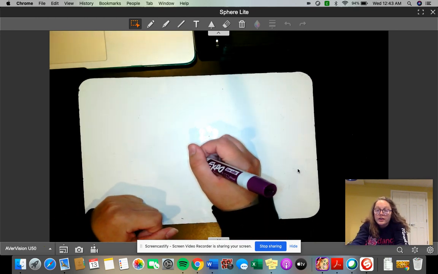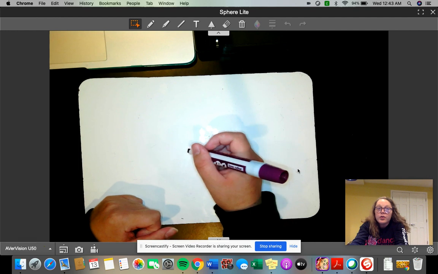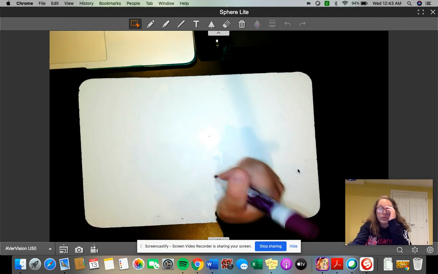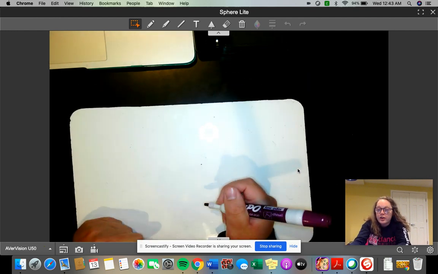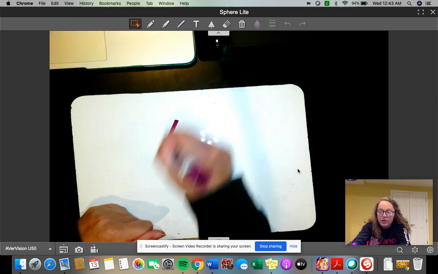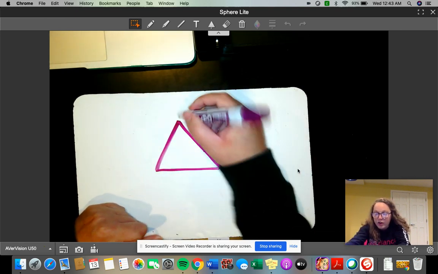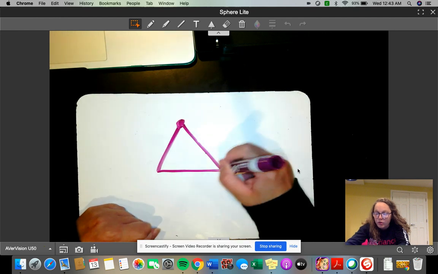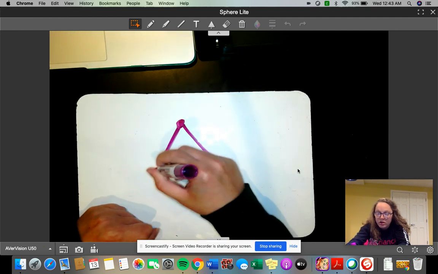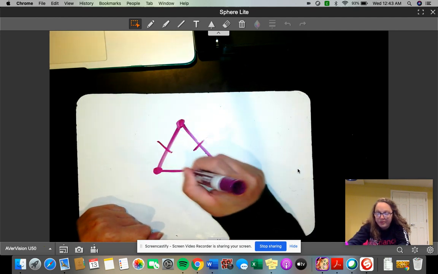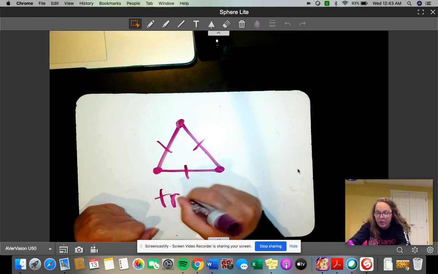All right, so we know, for example, already that certain shapes have a certain number of sides and corners. For example, a triangle has 3 corners and 3 sides. It's a triangle, we know this.